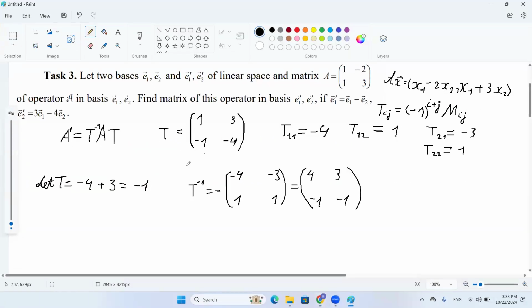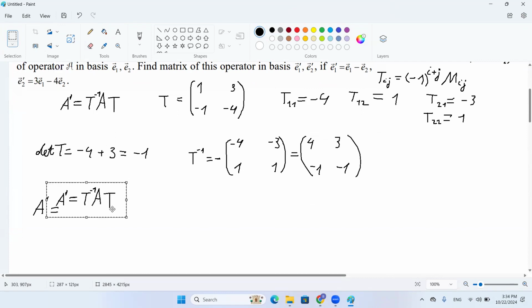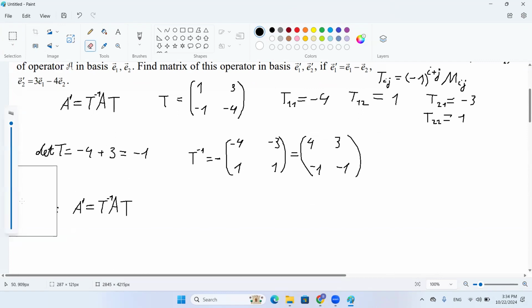And now let's multiply. Let's find the matrix A. I can just use this formula. Sorry, just a moment.